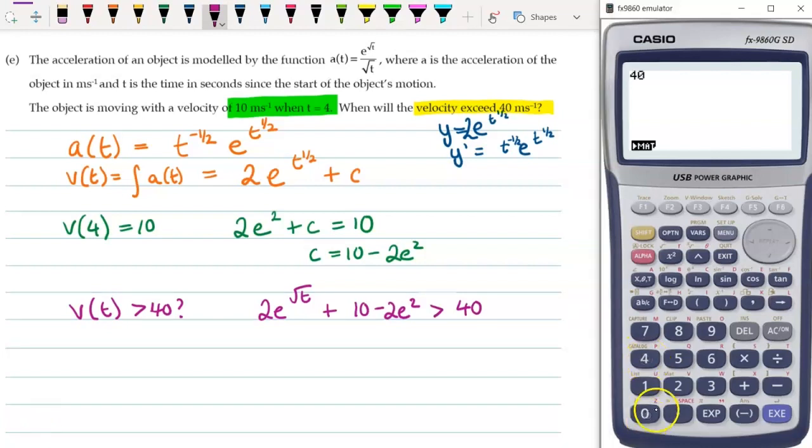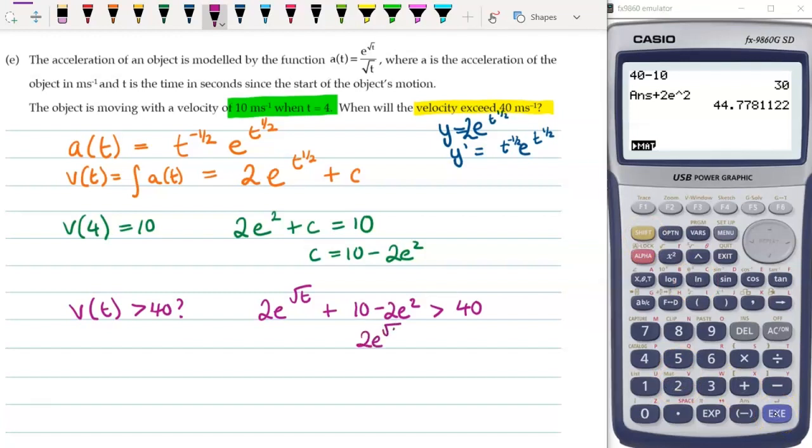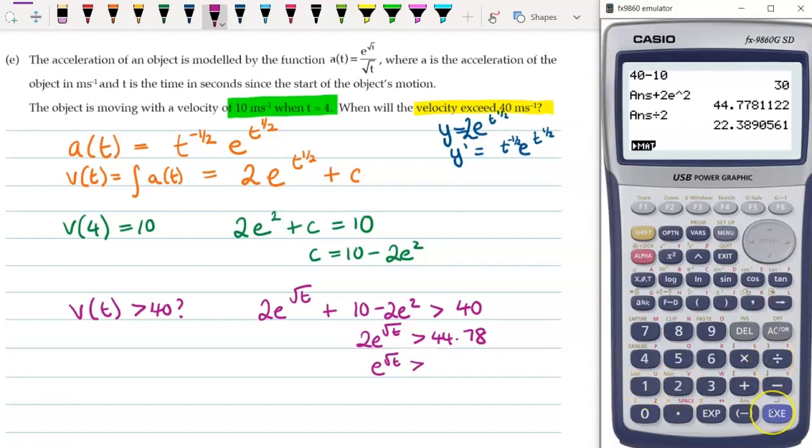So if we start with 40, take off the 10, and then add on 2e squared, we've got 2e to the root t has got to be greater than 44.78. E to the root t is that divided by 2.